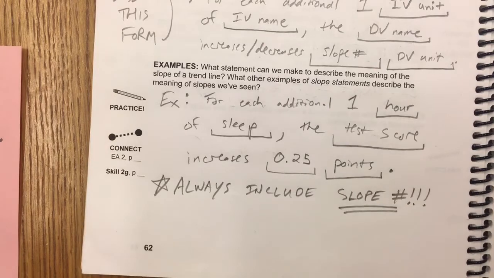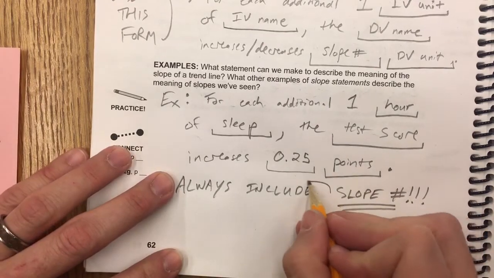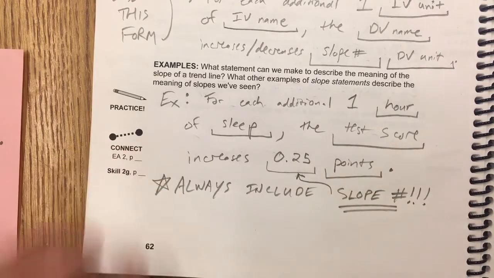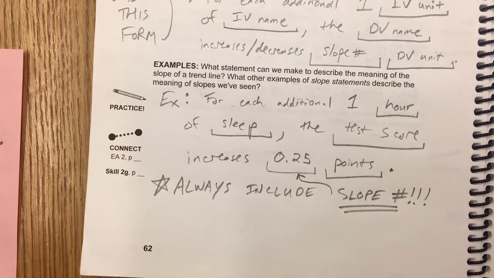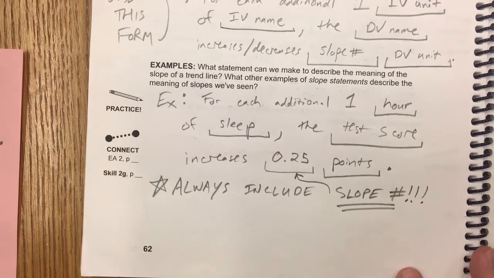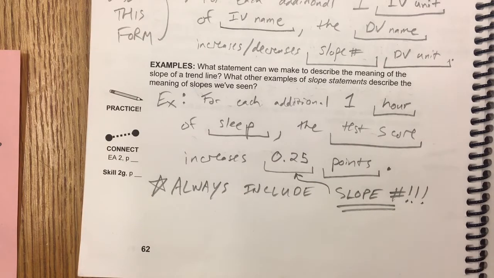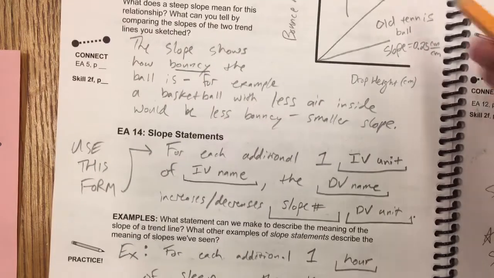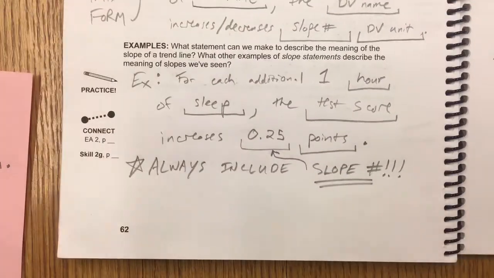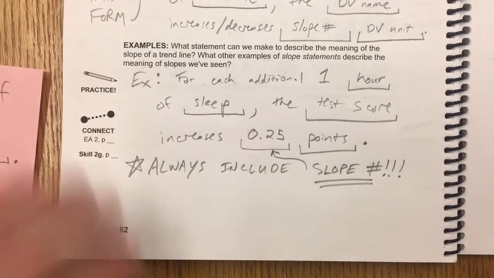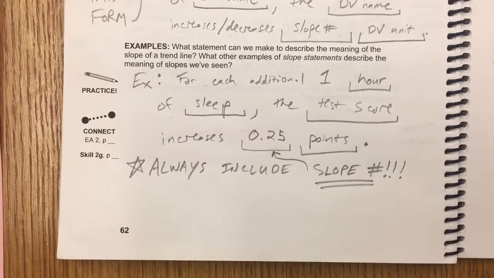If your slope statement does not include the slope number, whatever number you've calculated as the slope of a relationship, whether that's 0.25 points per hour or 0.25 centimeters per centimeter or 0.75 centimeters per centimeter, whatever your slope actually is, if your slope statement does not include that, then it's not perfect.